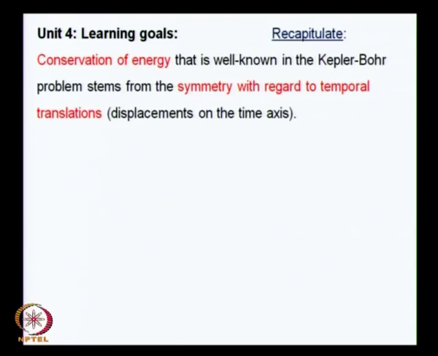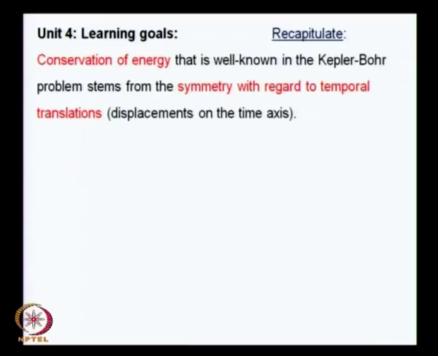Now, first we will recapitulate a little bit the connections between conservation and symmetry and associate conservation of energy with symmetry with regard to temporal evolutions. So, we will very quickly recapitulate this, but we will see it coming in a slightly different context than what we have seen earlier.